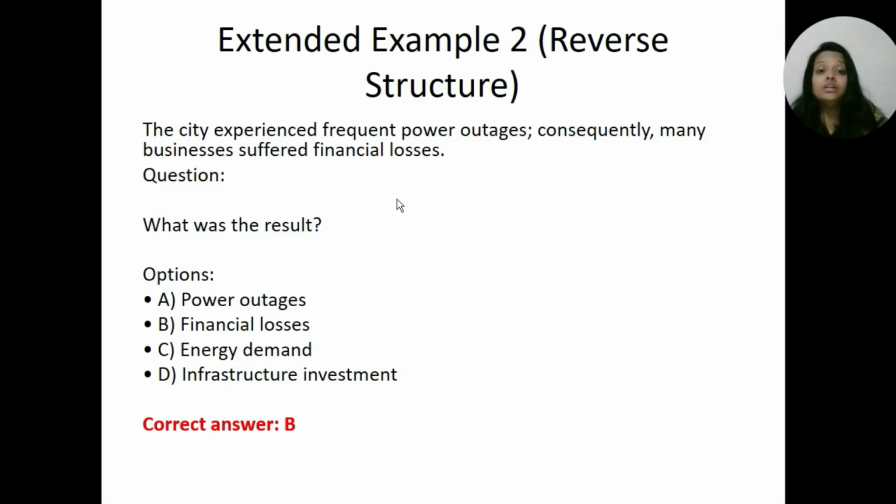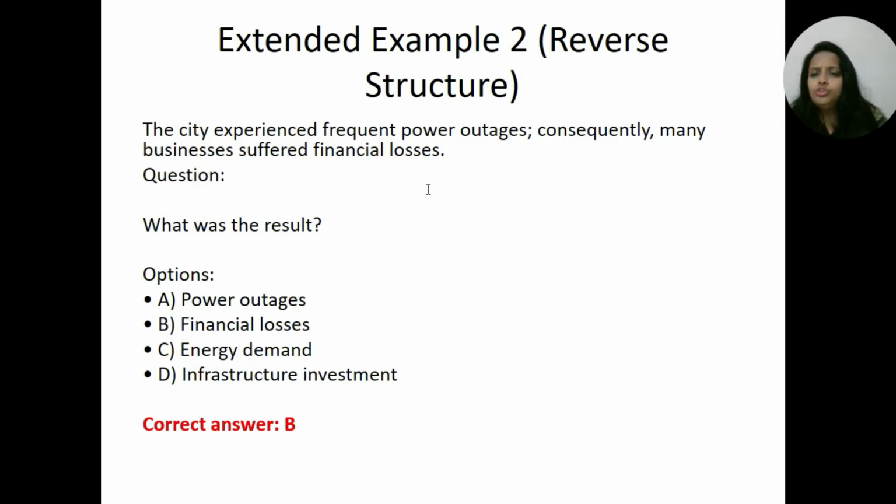So this one is the reverse structure. If you see here, the city experienced frequent power outages and consequently many businesses suffered financial losses. So because of this reason or this action, the consequence is that businesses suffered financial losses. So this one is the reverse structure.